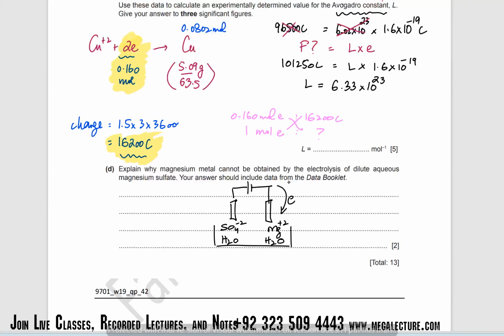At the cathode only reduction happens, only gain of electrons. So it's either going to be magnesium or water, right? Let's go and look. I'm looking for equations in the forward direction where the substances are gaining electrons.